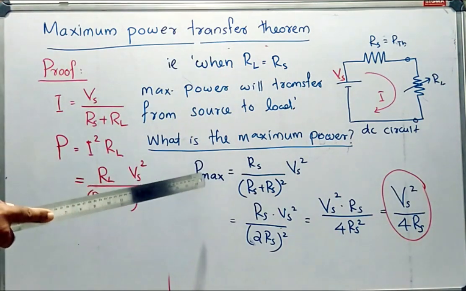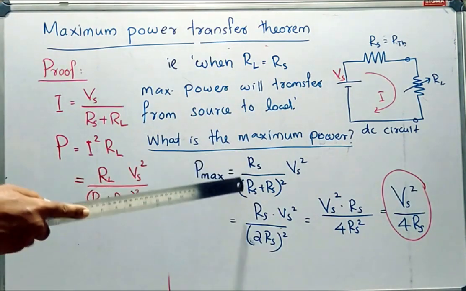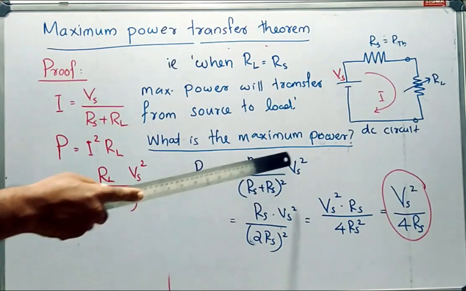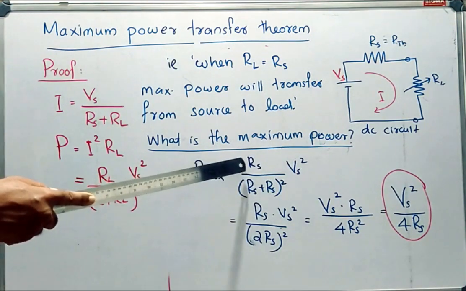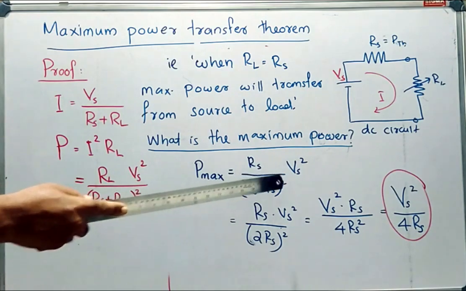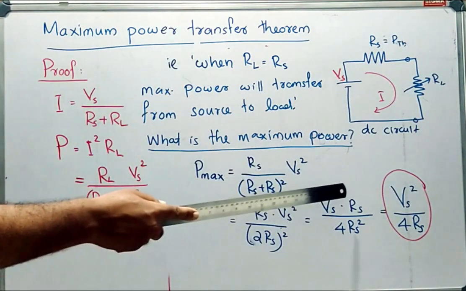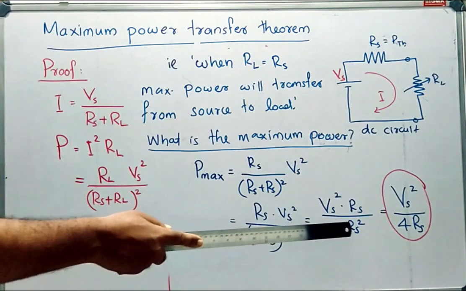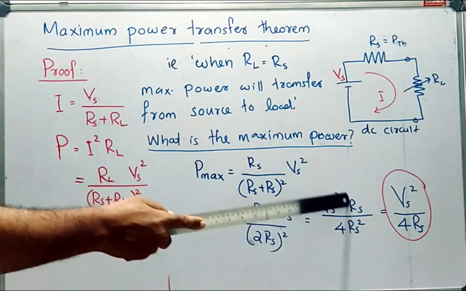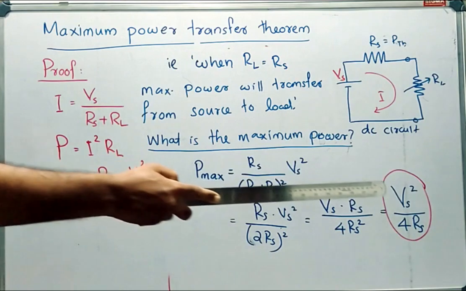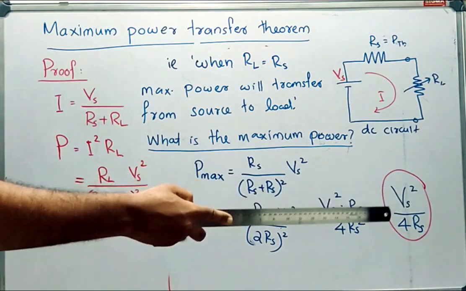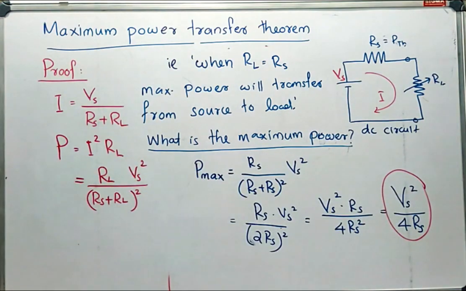So Pmax is equal to Rs by (Rs plus Rs) whole square into Vs square, which is equal to Rs by (2Rs) whole square into Vs square, which is equal to Vs square into Rs by 4Rs square. Simplifying, Pmax is obtained as Vs square divided by 4Rs.